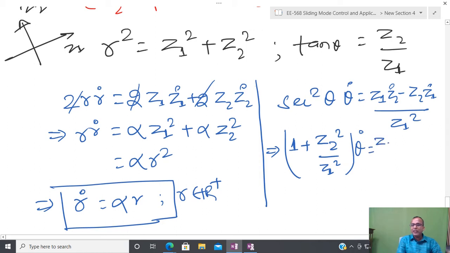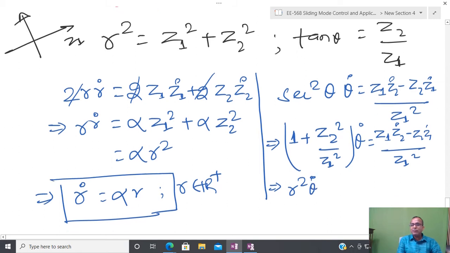You are already well aware of this fact. Now again I am going to substitute z1, z2 and z1 square. Now z1 square is going to come here, so z1 square plus z2 square, again I have r square, and z1 square is going to cancel out.